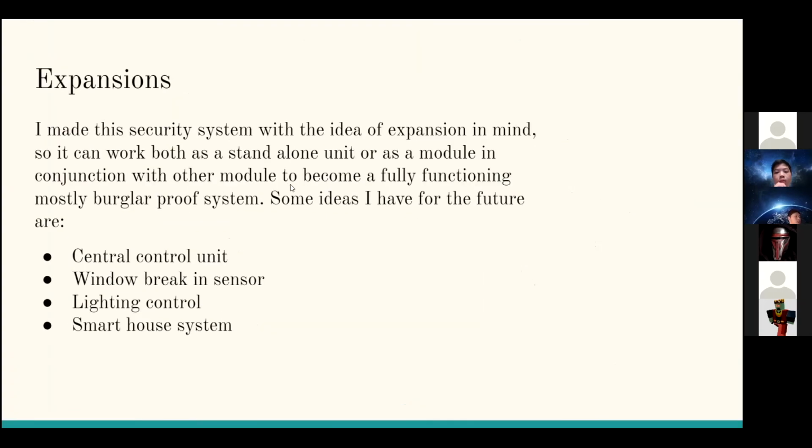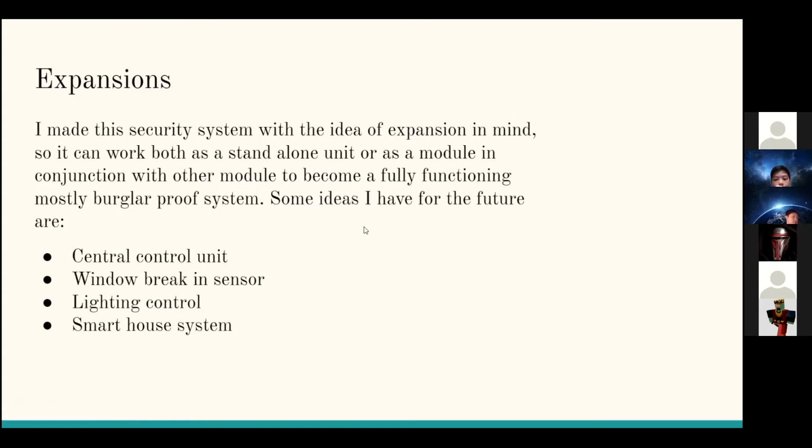So, future expansions. Obviously, I want to make this part of a smart house system, and I want to add face ID recognition to this. Currently, this module works as a standalone unit, or it could work in conjunction with other modules hooked up to a central processing unit, you could call it, a big central computer that controls everything that's going on, at least in your house.